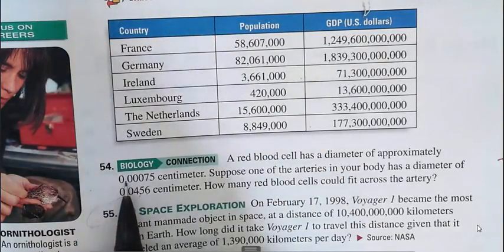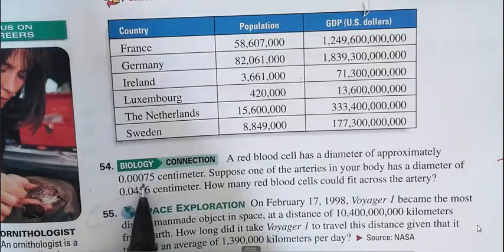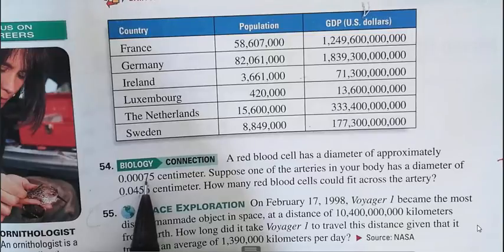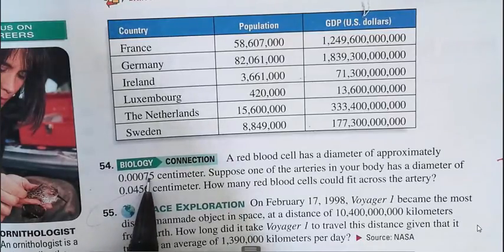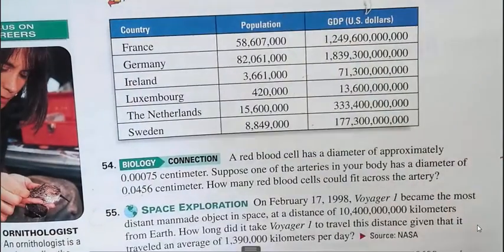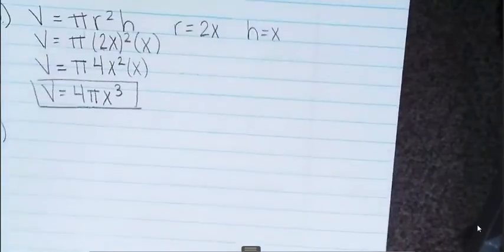So our goal is to get our decimal in between the first actual numbers, in between 7 and 5. On this one, I'm going to have to move it 1, 2, 3, 4 spaces. If I move it 4 spaces, that means I'm multiplying it by 10 to the negative 4.